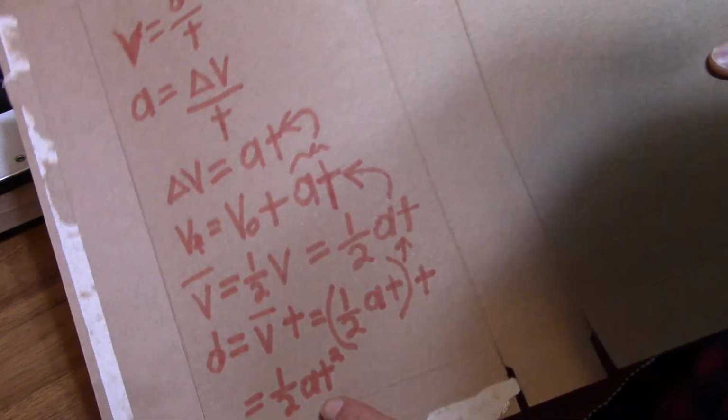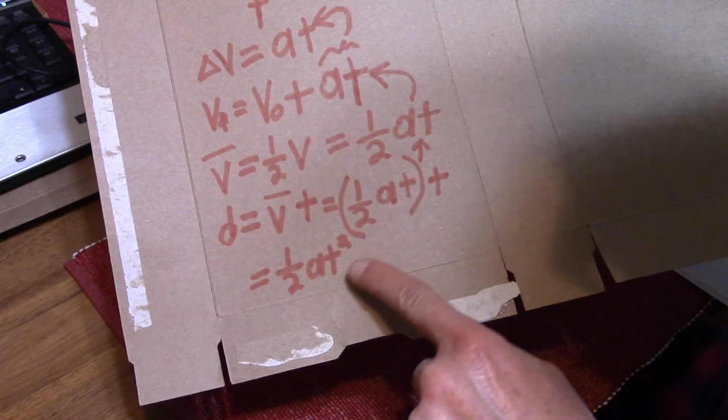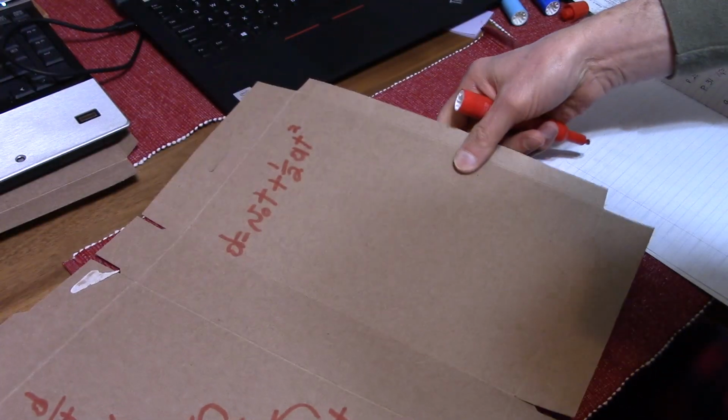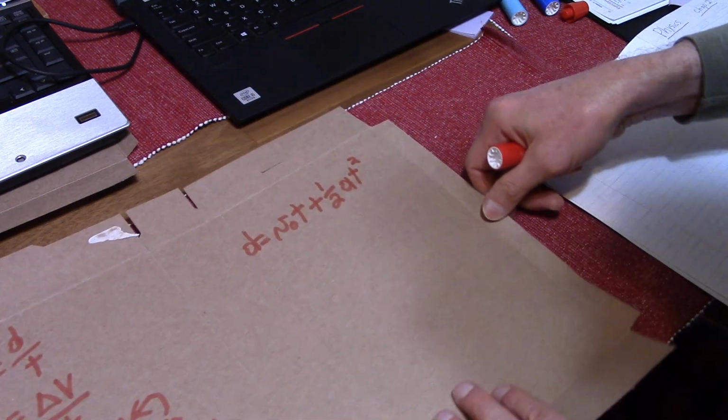Well, that's this. So everything just built. So we're just substituting everything for each other. Whatever something is equal to, we can just substitute that, and that helps us.